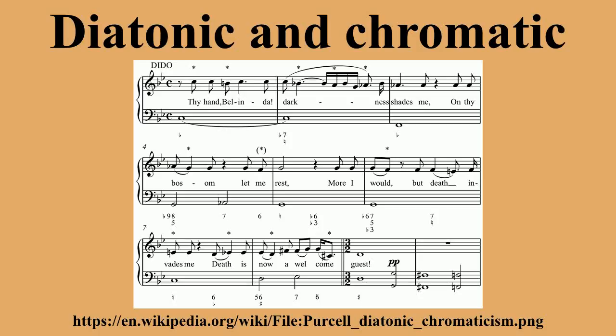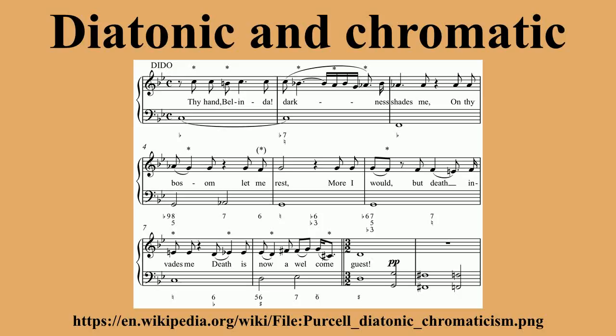In different systems of tuning in equal temperament, there is no difference in tuning between intervals that are enharmonically equivalent. For example, the notes F and E-sharp represent exactly the same pitch, so the diatonic interval C-F sounds exactly the same as its enharmonic equivalent, the chromatic interval C-E-sharp.